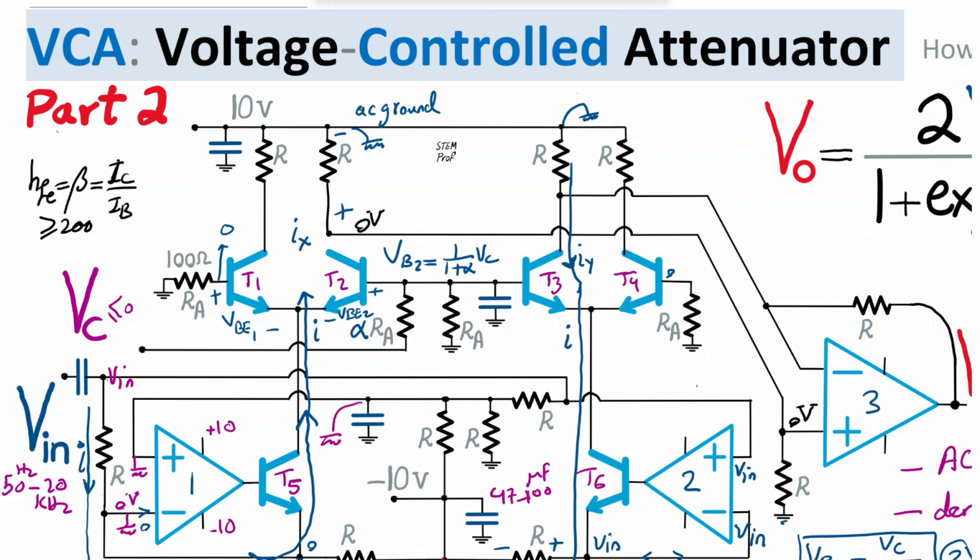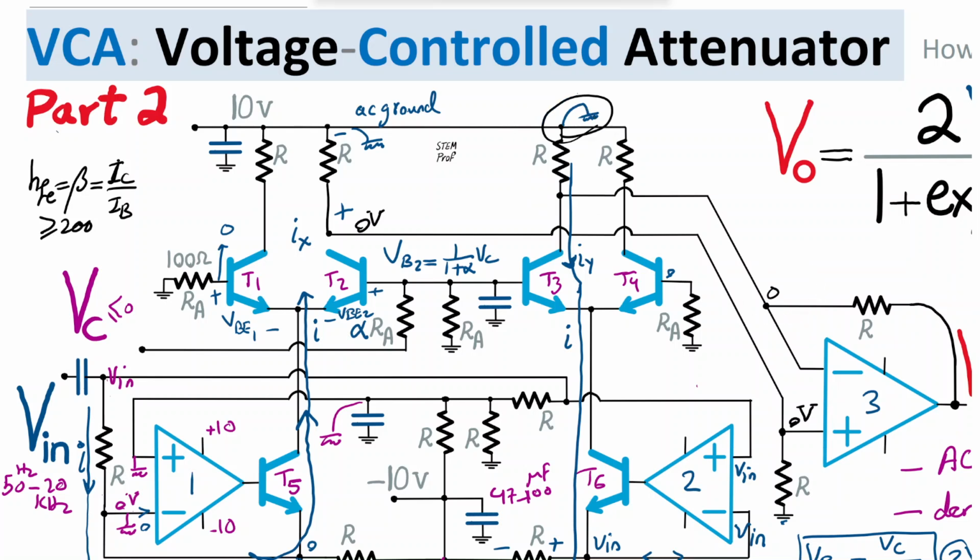Now Iy is injected into the circuit, and at this node we have 0. Because op amp, being a properly biased op amp with negative feedback, enforces the same voltage at the positive and negative terminal, we have 0 at the negative terminal as well. So on both sides of this resistor R, we have 0.